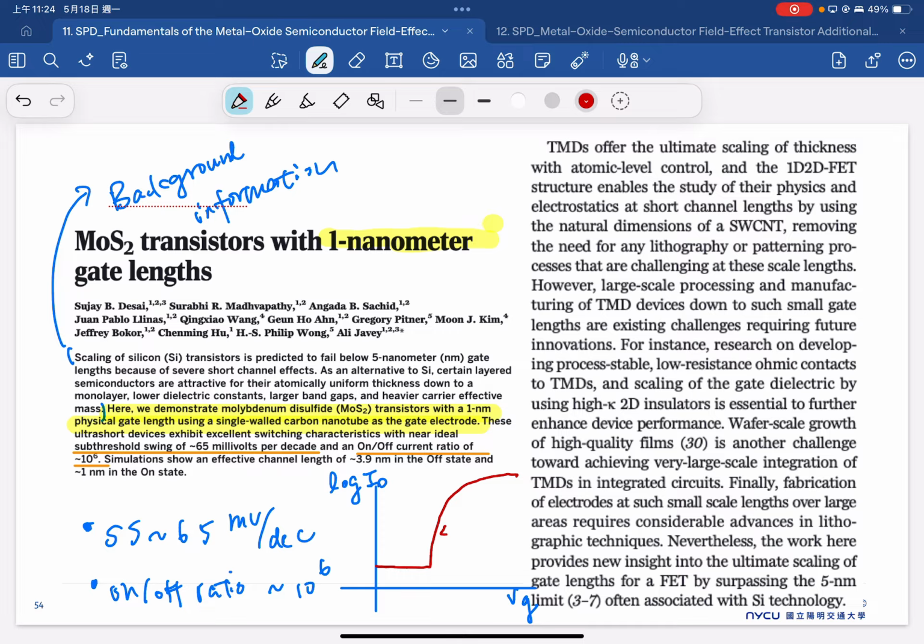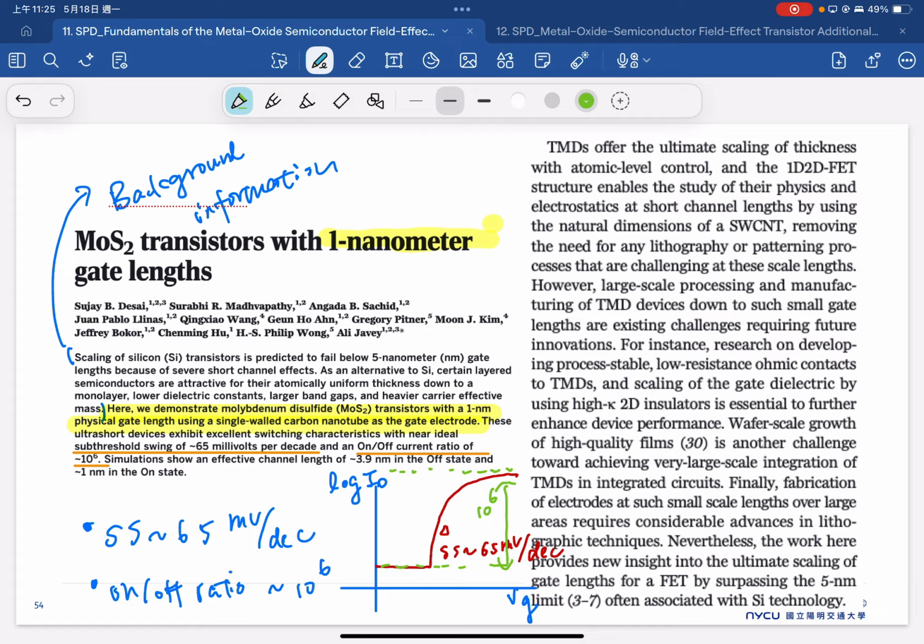They have the SS roughly around 65 millivolt per decade, and the on-off ratio can reach up to 10 to the 6. That's just the first paragraph of this paper.